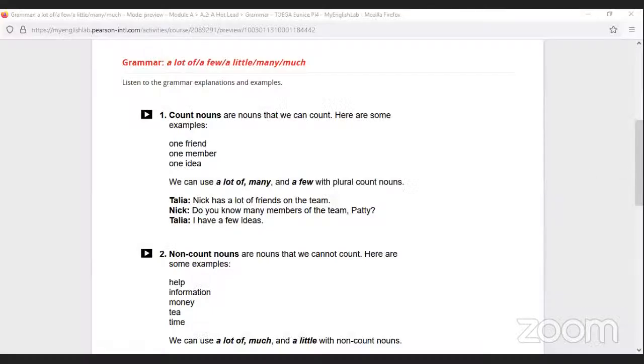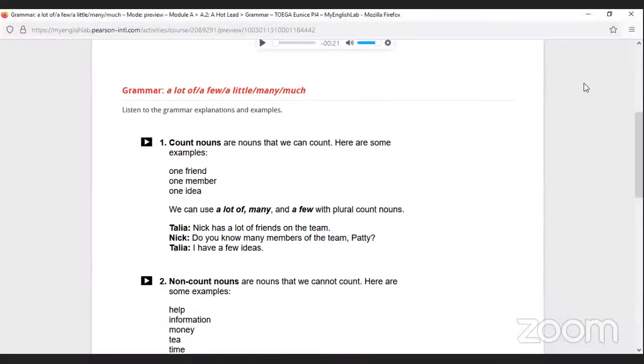In most cases with this grammar, we only have to see the meaning of quantifiers. So in this case, we will see these four words that are called quantifiers, okay?